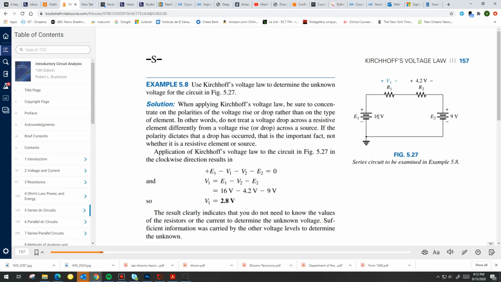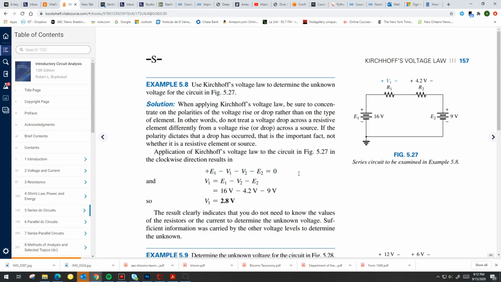In this case, you maybe want to just practice again and make sure you get it. Since I already know the 2 source voltages and this voltage drop, I can simply solve for V1. So V1 happens to be 2.8.